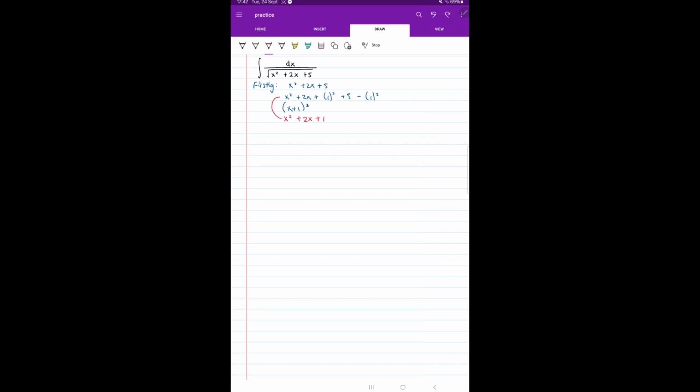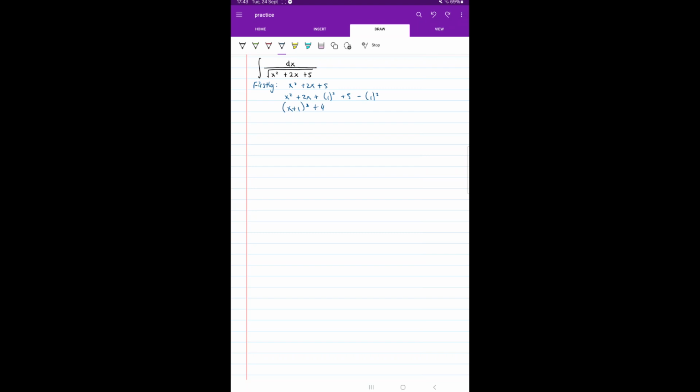Okay, so now the 5 minus 1, that's going to be 4. Now if we square this whole thing and then add the 4, we're going to get back here. So that's how we know that we did it correctly, and we didn't change anything, just changing the form.